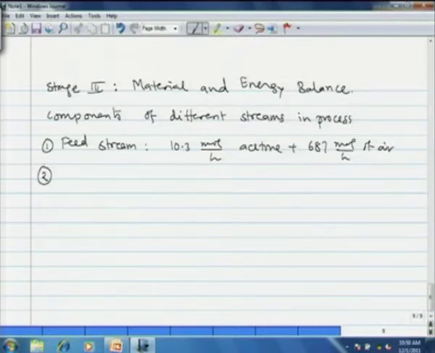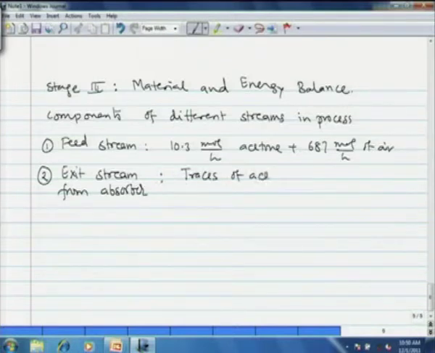If the extent of absorption is 99% or higher, then the exit stream from absorber will contain only traces of acetone and all air. Maybe some air will dissolve in water, but that will be negligibly small. So, we ignore it.